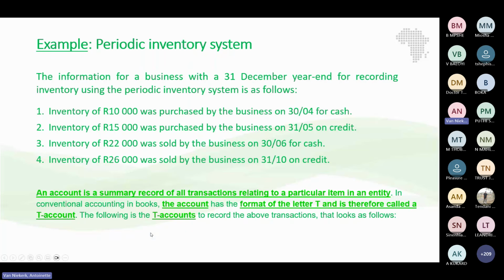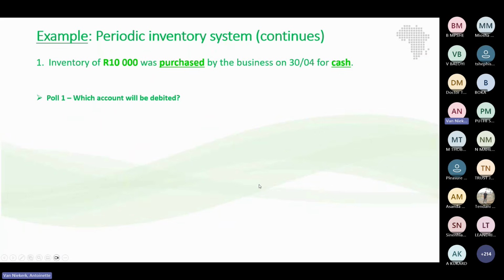In conventional accounting in books, the account has the format of a letter T and is therefore called a T account, which I'm sure you guys know by now. The following are the T accounts to record the above transactions, which look as follows.